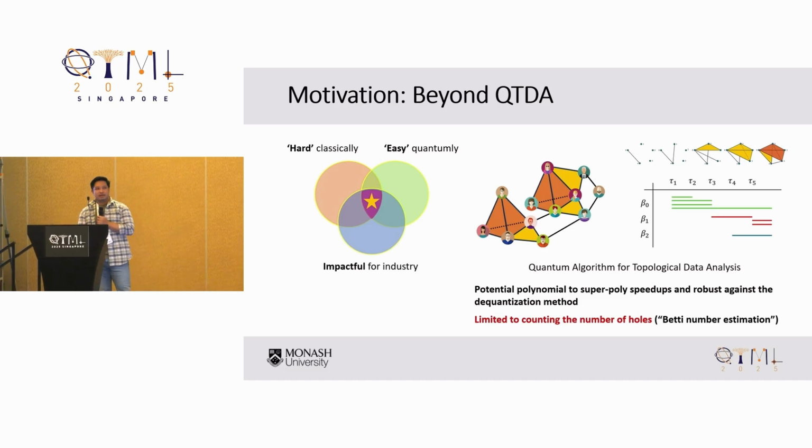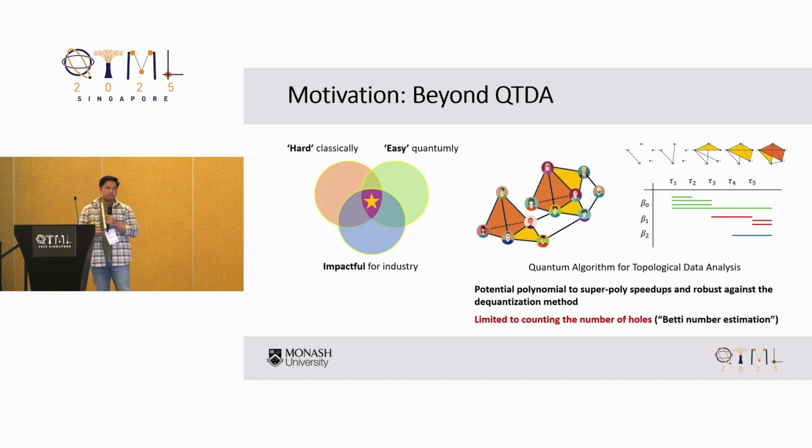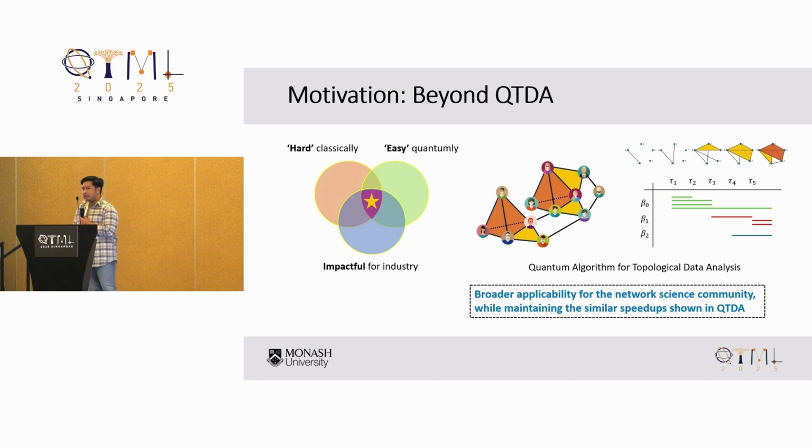But in network science application, this type of algorithm has limited applicability. It only counts the number of holes. But in certain cases, this is still useful for network science problem. So our goal is to broaden the application of QTDA in terms of network science applications.